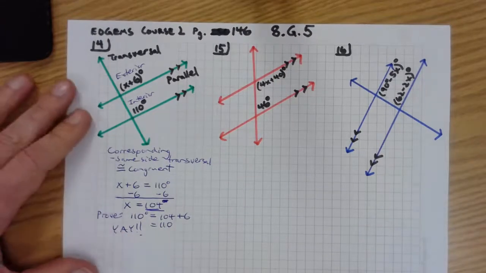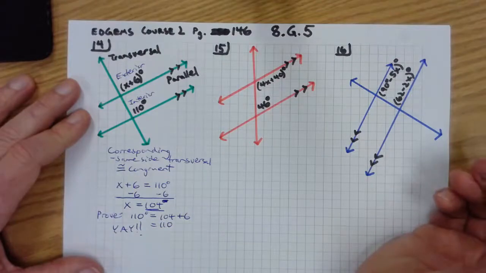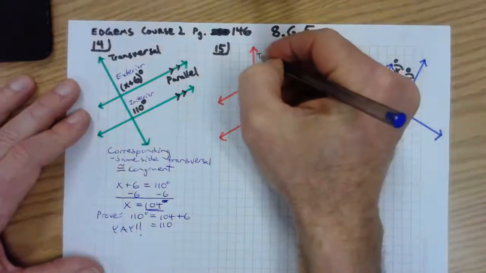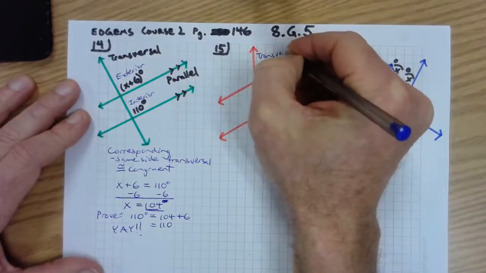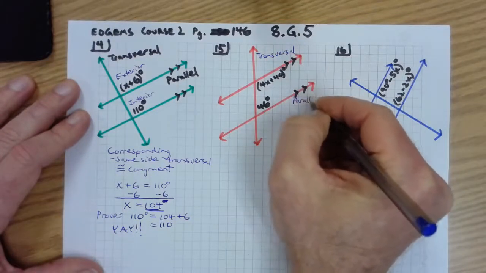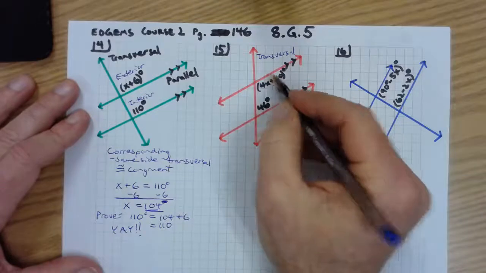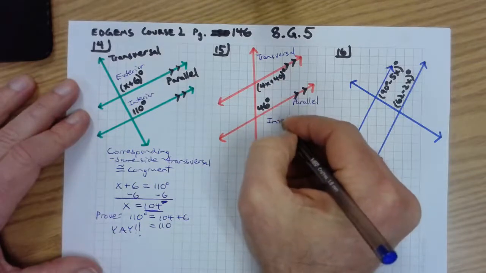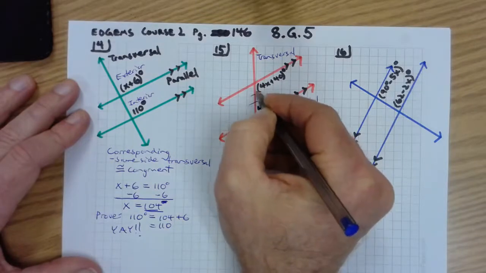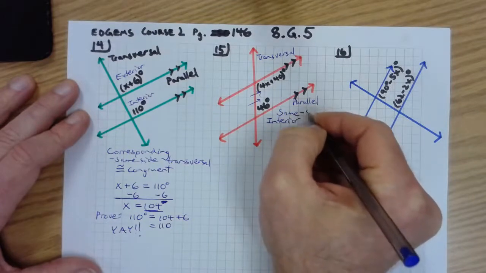Okay, let's go to this red one now. Are these corresponding? No! We have a transversal. Let's go over the pieces and parts again. Parallel lines. And these are both inside of the parallel lines, so they're interior, and they're on the same side of the transversal. So guess what this pair is called? Same side interior.